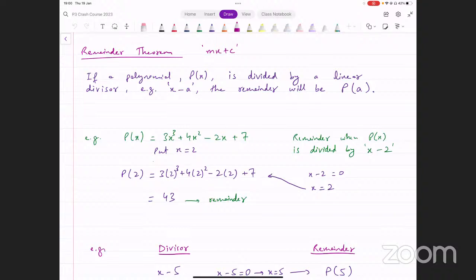Okay, sir. So it has to be linear. All right.